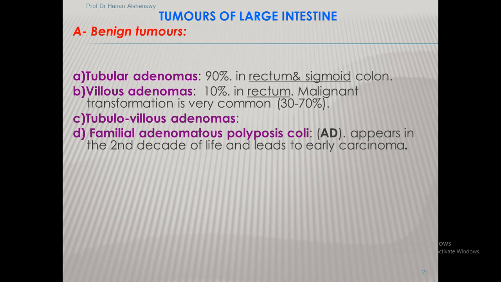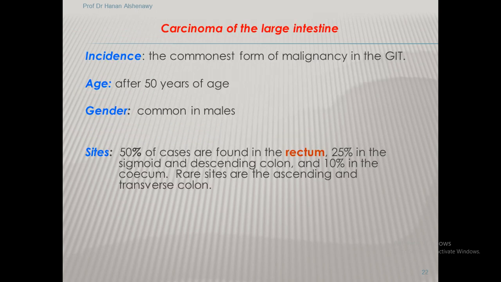There is a defect in this gene, so these patients have many polyps, and it leads early to carcinoma of the colon. We discussed this because some of the benign tumors are precancerous, as we said: villous, tubulovillous, and familial adenomatous polyposis coli. They may proceed to carcinoma of the large intestine.